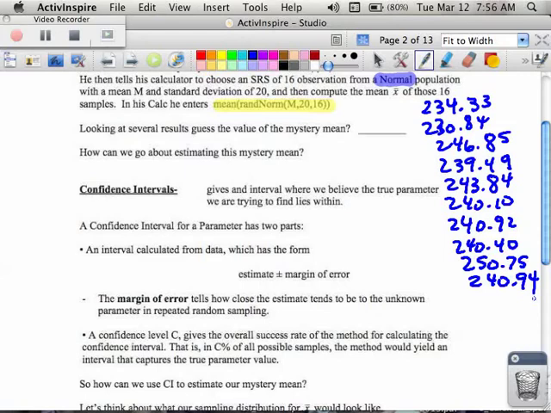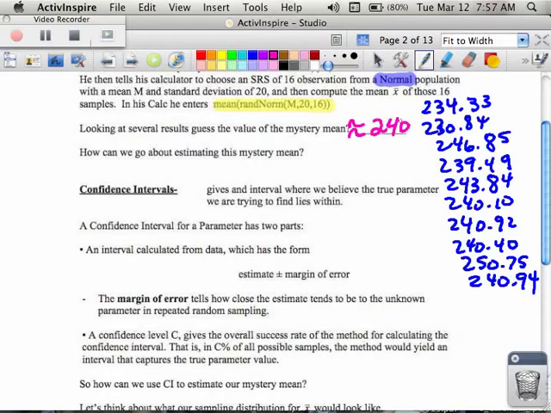We don't know exactly what it is. These are samples that he took. But if we had to guess, 240 would be, based on the numbers that we see here, probably a pretty decent guess. We don't know if we're right or not, but we'd probably be very close, based on what we see in the samples.